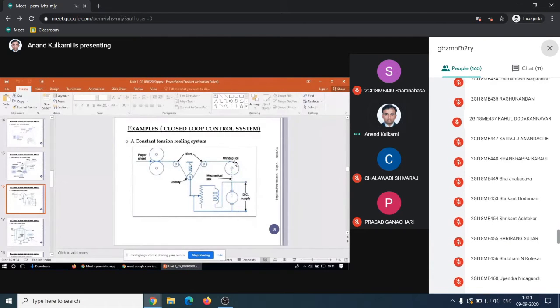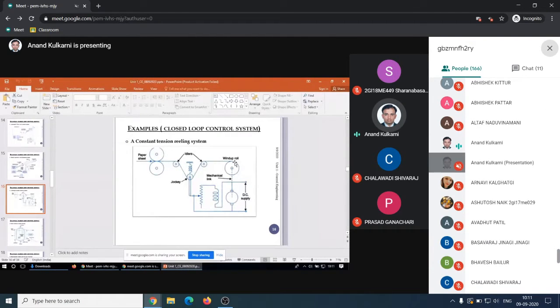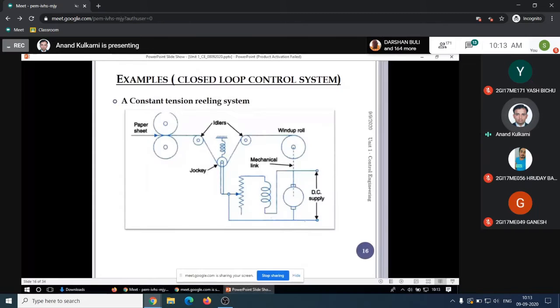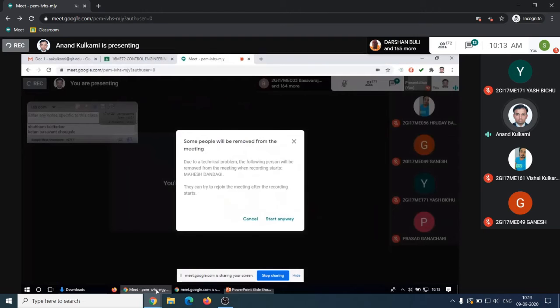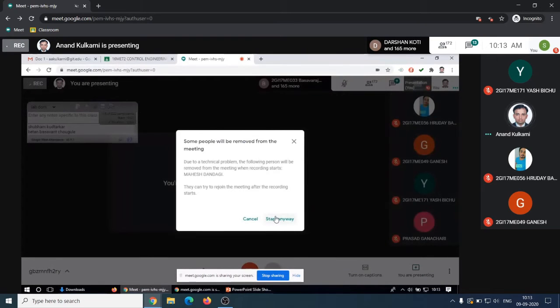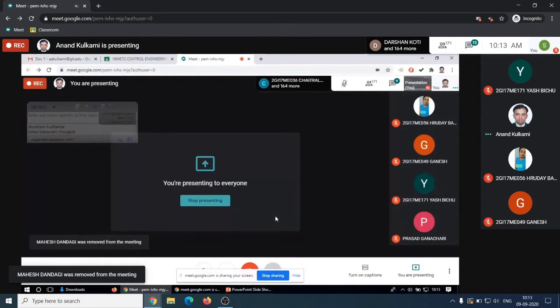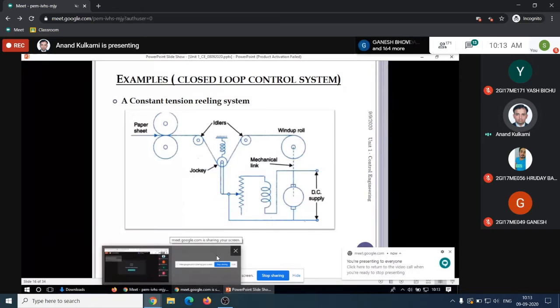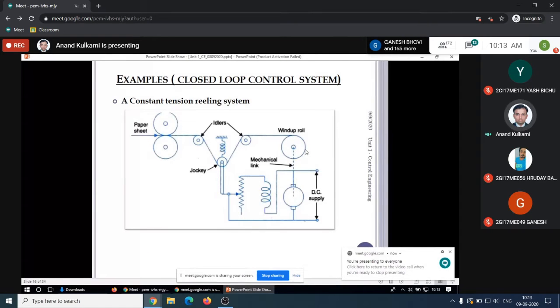So d into n is equal to v approximately. So to keep the v constant, as d goes on increasing, n has to be decreased. If the d goes on decreasing, n has to be increased. Now, in this constant tension reeling system, the v is a function of d and n.